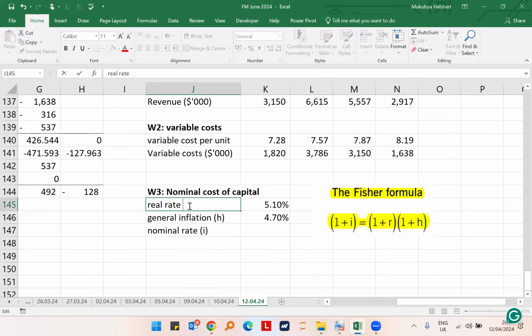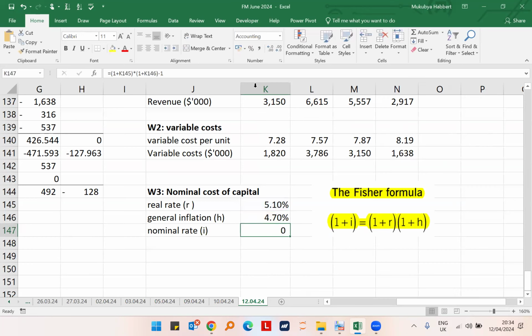Okay, so this is what we have. Therefore, I can get I by saying 1 plus R multiplied by 1 plus H minus 1. So which gives me 10%. Okay, so the rate is 10%.